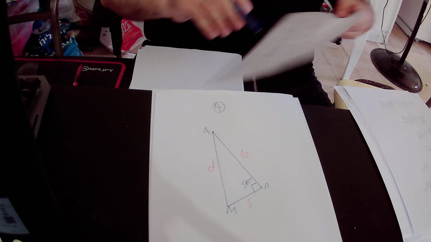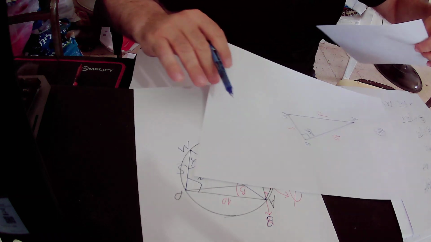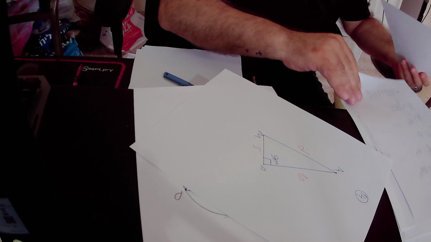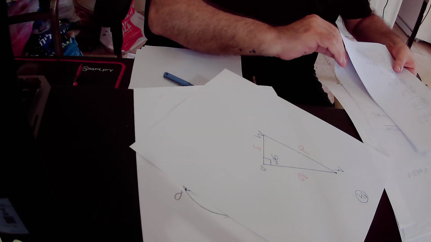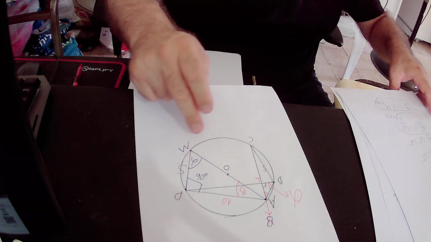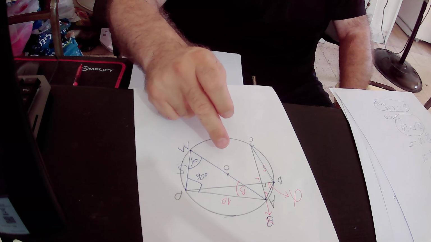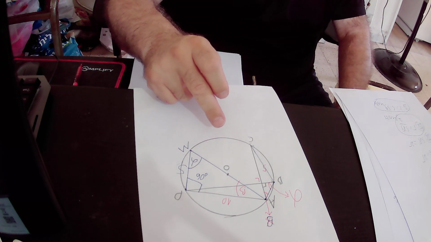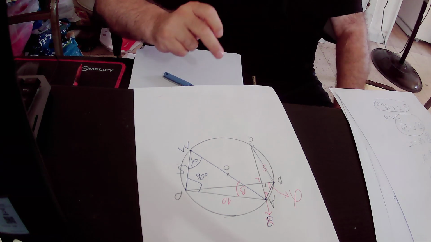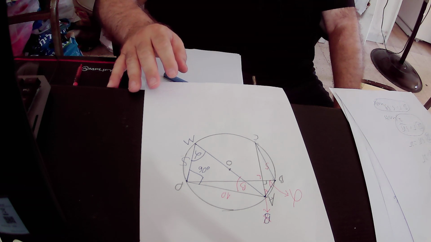So the radius of this circle equals 5.59 units, or 5 times root 5 over 2 units. So that is the answer to the question.